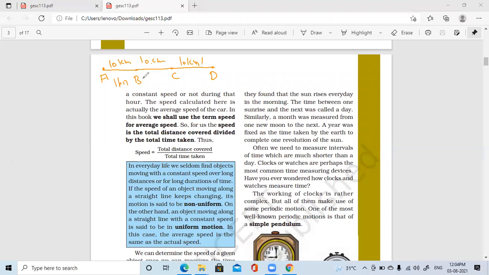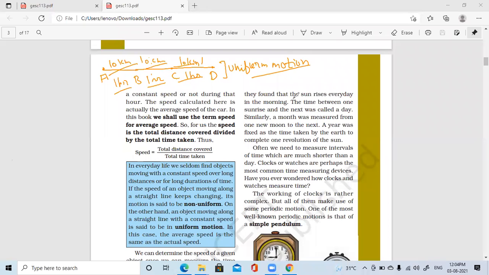Time A to B 1 hour, here also 1 hour, and here also 1 hour. Now you can see equal distance in equal intervals of time. So this is uniform motion. Same time, same distance moved. Then the body is said to be moving with uniform motion.